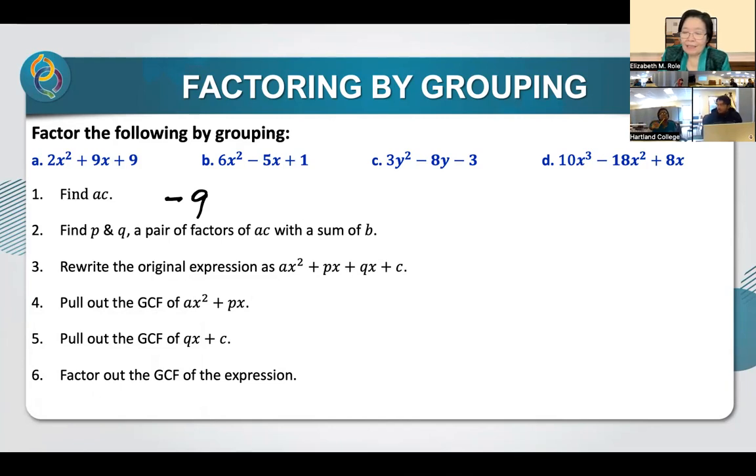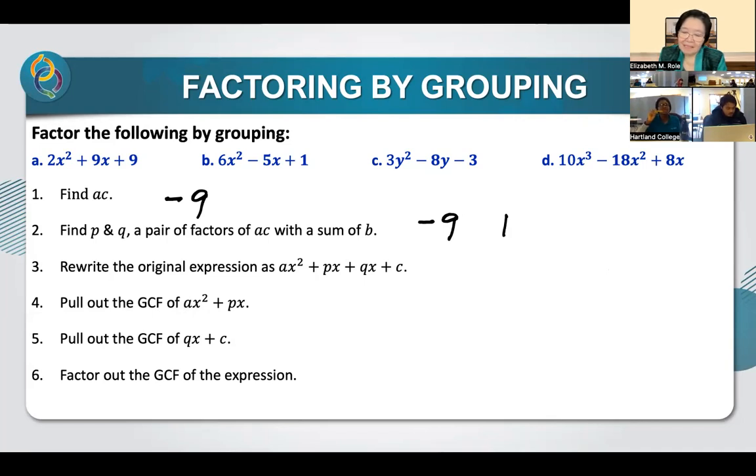This is the hardest, finding out the two numbers. So you know that it will be a minus 9 and a 1, right? If you multiply, it will be AC's product, but if you add, it will be the second term. Because minus 9 plus 1 is minus 8.